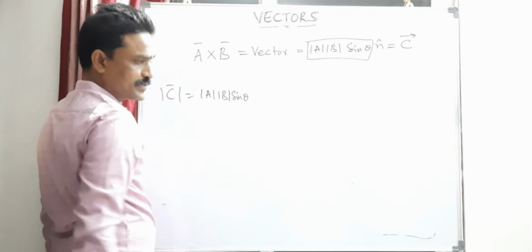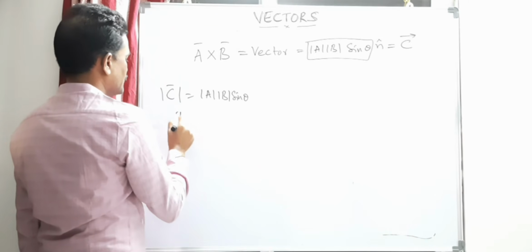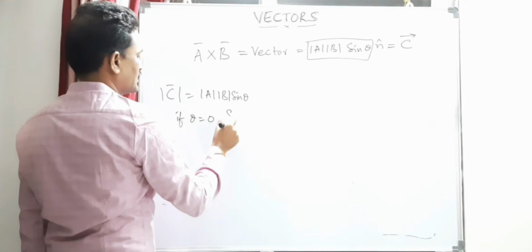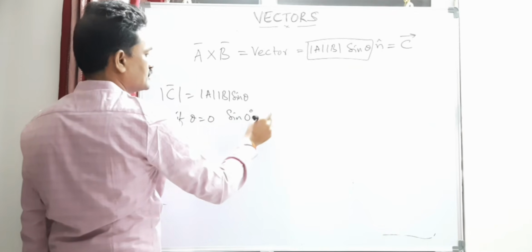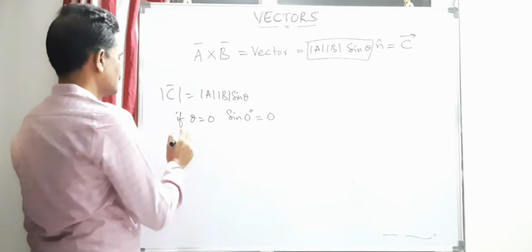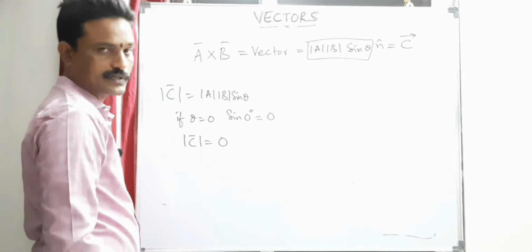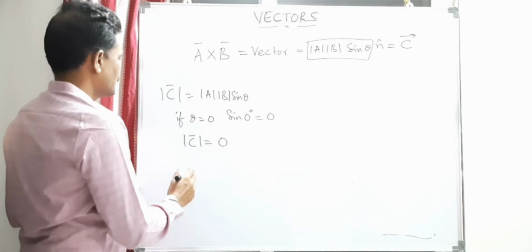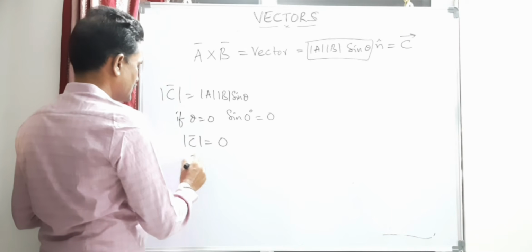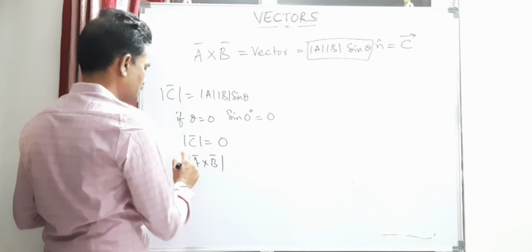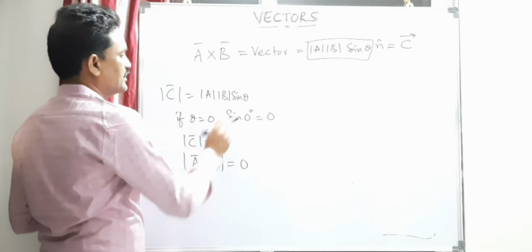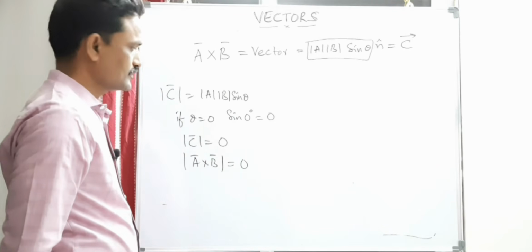Let us see some properties. If theta is equal to 0 degrees, then sin 0 is 0, so mod C becomes 0. This is opposite to the dot product. So the magnitude of A cross B becomes 0 when theta is equal to 0 degrees.